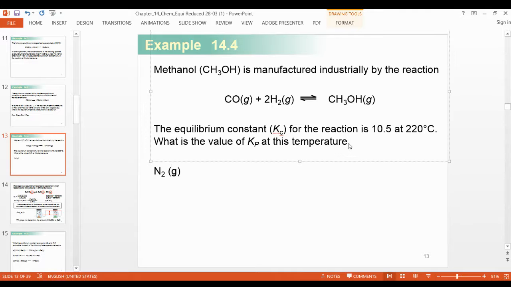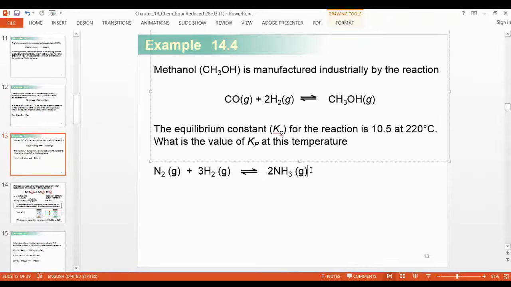Nitrogen gas reacts with H2 gas, in equilibrium gives you 2NH3 gas. These all are gases, it means it is homogeneous. So this is another example we have.